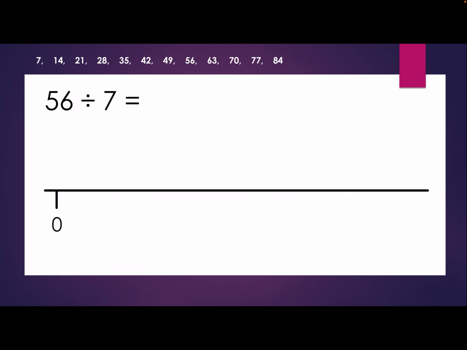Okay, let's try another one. 56 divided by 7. Again, I've written the 7 times tables out in case it's a tricky times table. 1 jump will get me to 7. 2 jumps will get me to 14. 3 jumps will get me to 21. 4 jumps will get me to 28. 5 jumps will get me to 35. 6 jumps will get me to 42. 7 jumps will get me to 49.